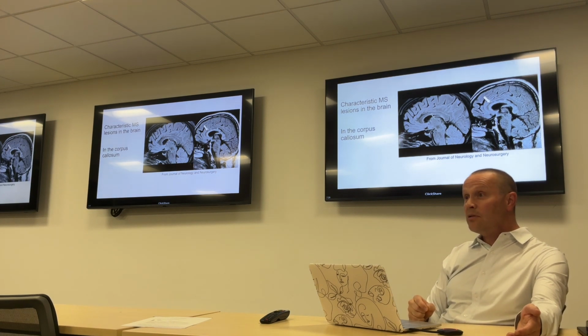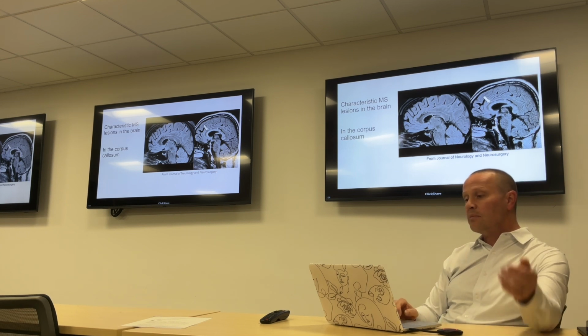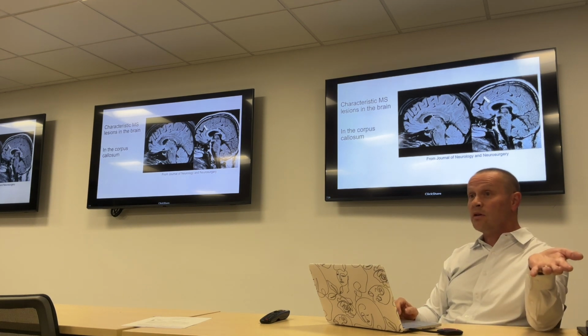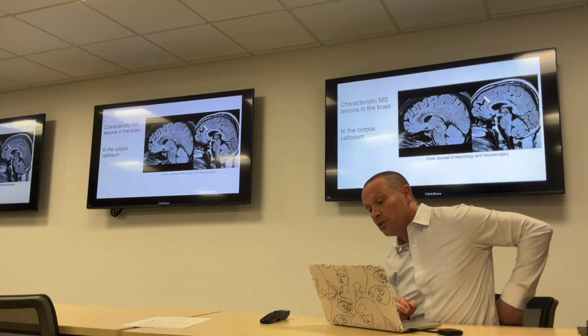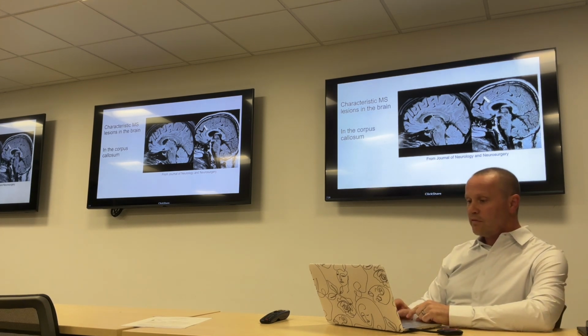Could it be MS though? Absolutely. I've seen exactly that scenario where something that looks completely innocent ends up being MS, and vice versa. Sometimes we think things look like MS and they're not. So nothing is absolute, but these are the general rules that we follow.